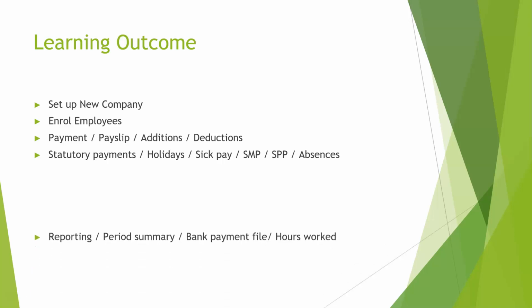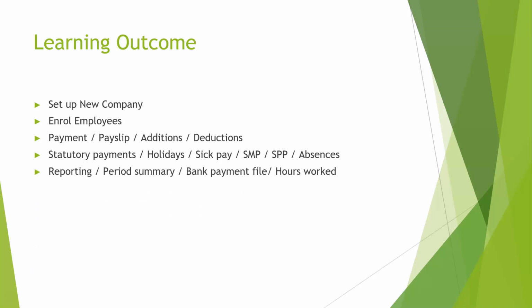The next section is the reporting section. In this section we're going to see how much the total payment is that we have to make to the employees for that month or for that week, including if we have to submit a file to the bank.